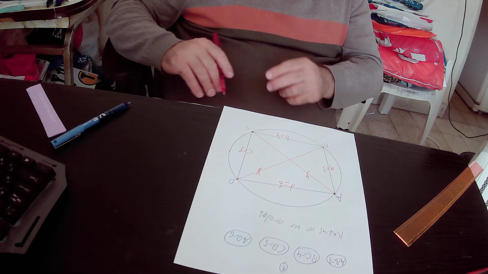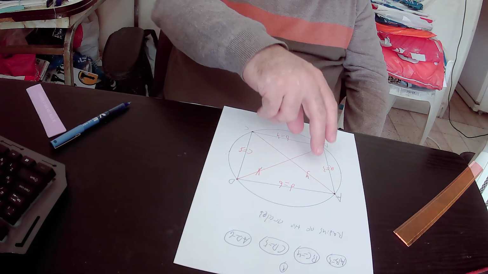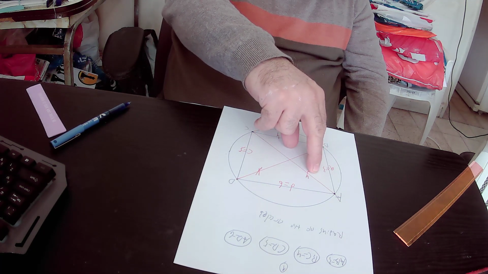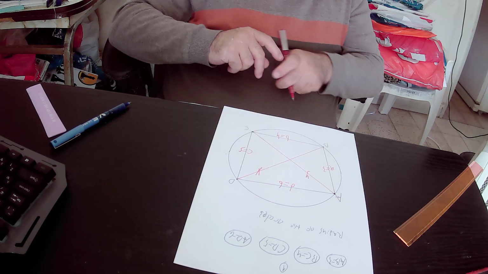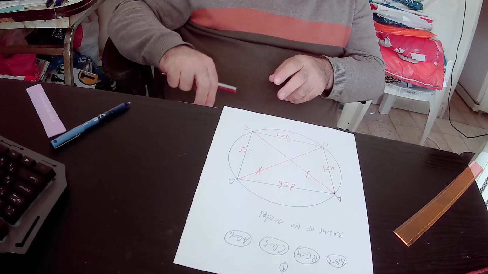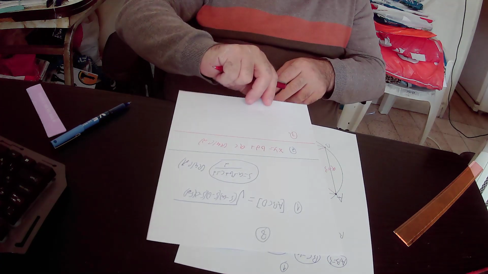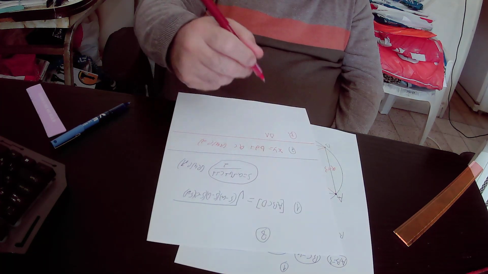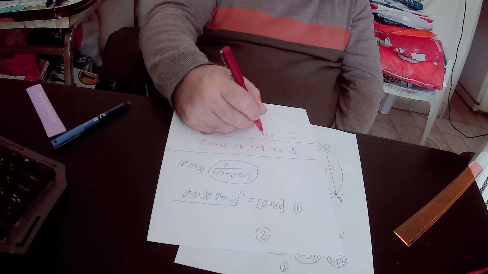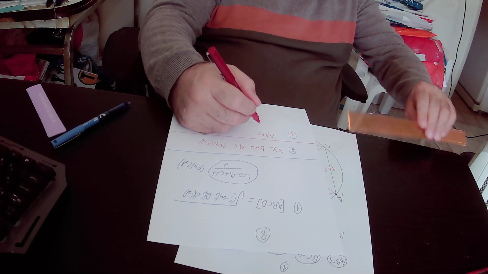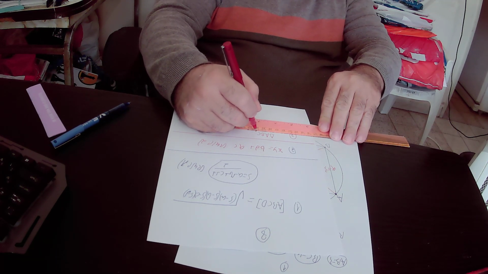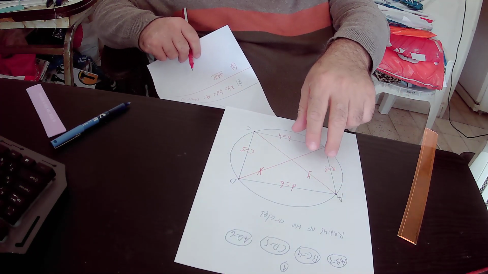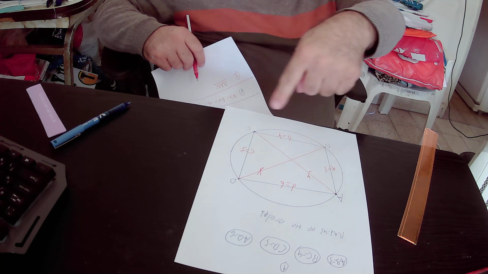If we relate to this triangle ABC, as you can see from the drawing, this triangle ABC is inscribed in this blue circle.